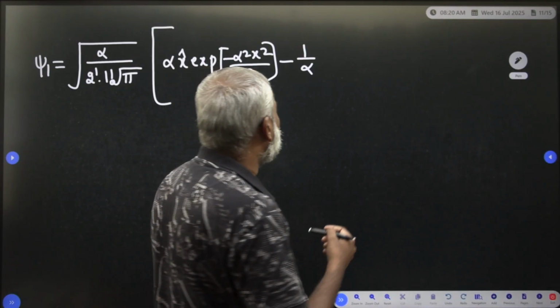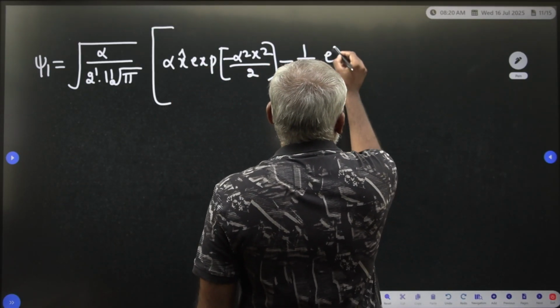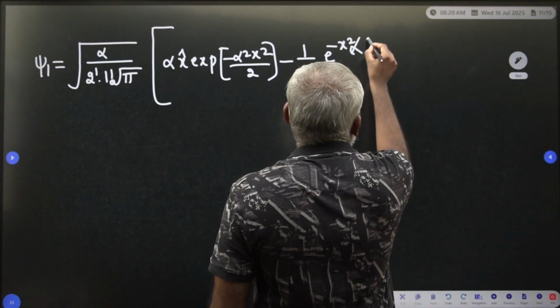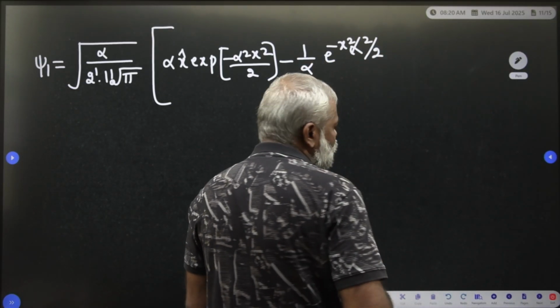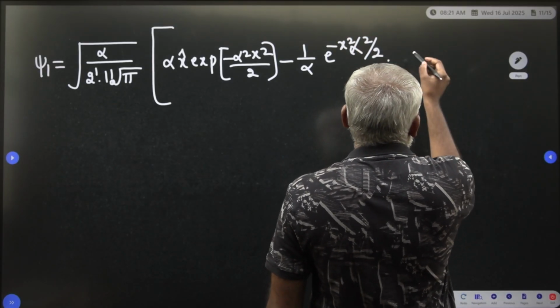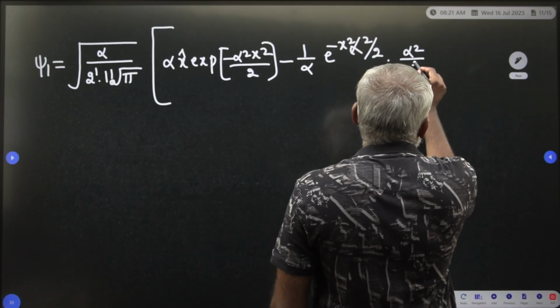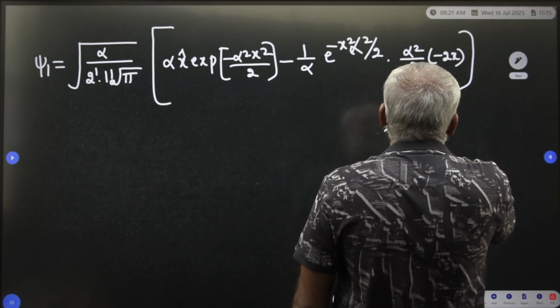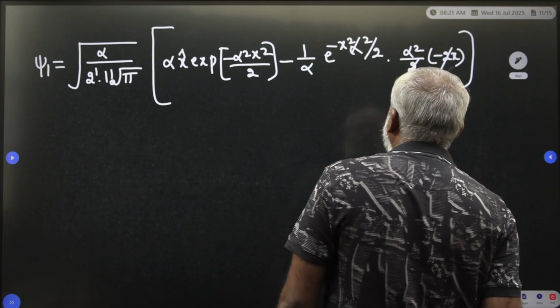So what is going to happen, you have to see e to the power of minus x square alpha square divided by 2 into, again you have to differentiate this one, alpha square by 2 into minus 2x, you are going to get it. So the 2 and 2 get cancelled.